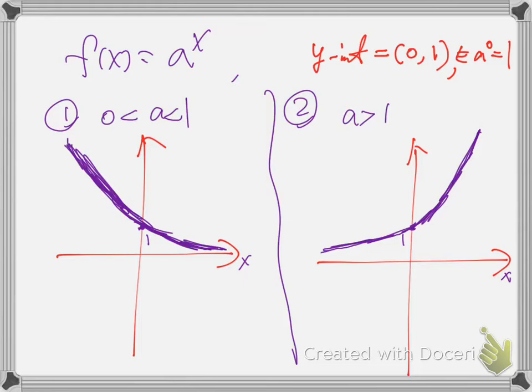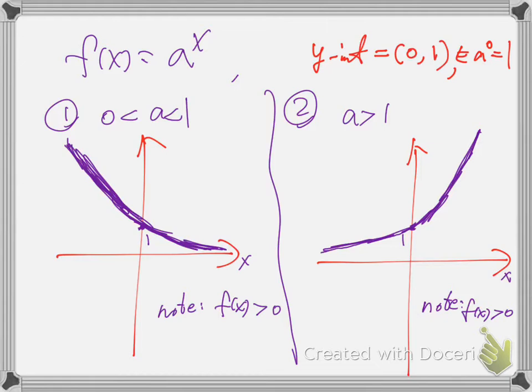So f of x is always positive for both cases. a could be bigger than 1 or less than 1. a is positive, so all the powers of a are positive. So the input can be positive and negative.